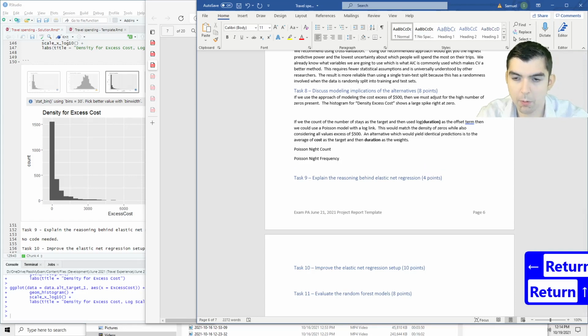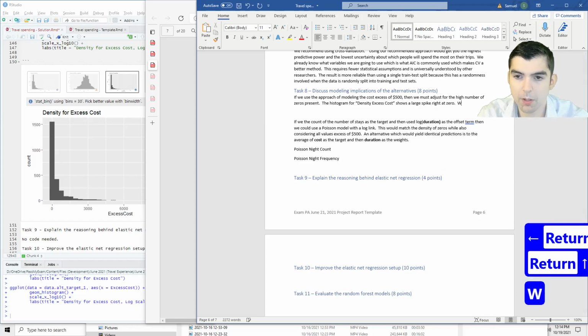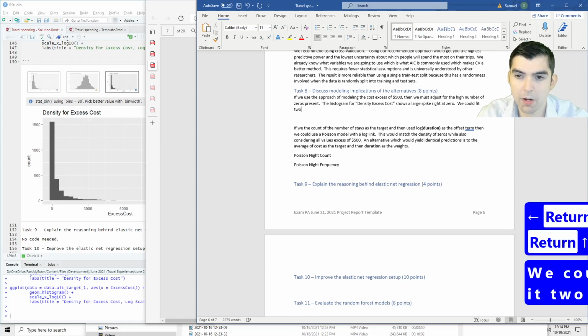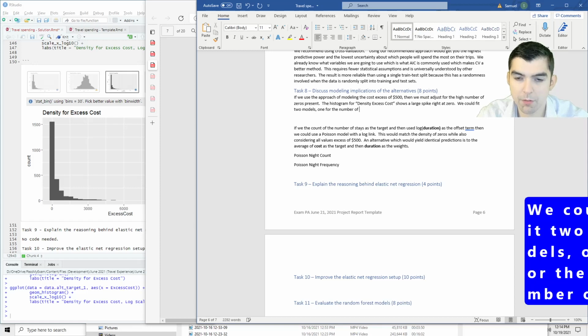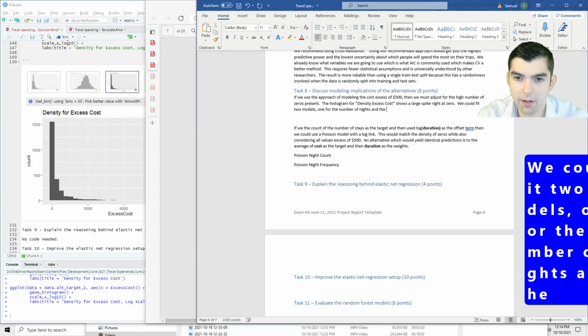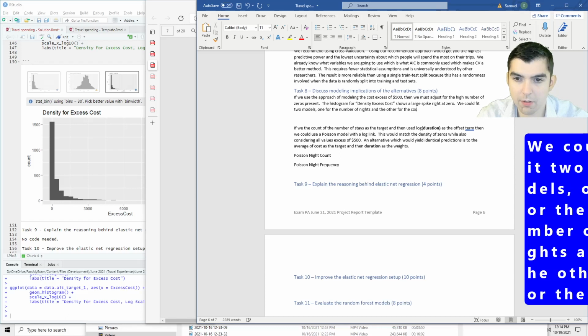So what we're really doing is we could fit two models, one for the number of nights and the other for the cost per night.